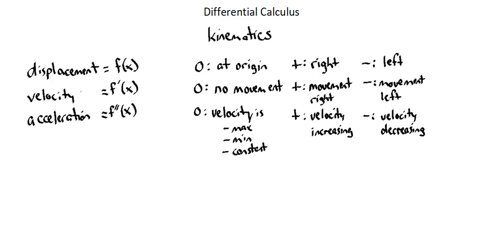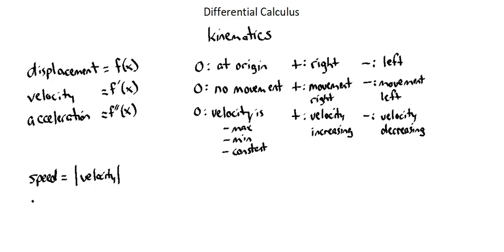Let's look at two additional terminology concepts, and then we'll move on to an example. First, speed. Speed is the velocity's absolute value, or the magnitude of velocity. Velocity can be positive or negative, whereas speed can only be a positive value.